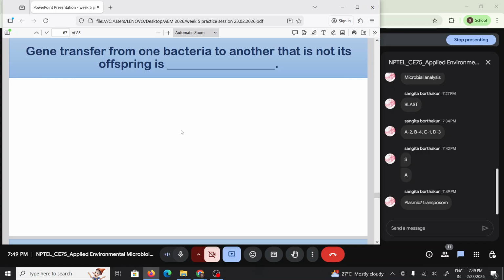Okay, yeah. So plasmid gets transferred from one organism to another, which is not an offspring. It's from the same generation itself. The plasmid gets transferred from one microbe to another.